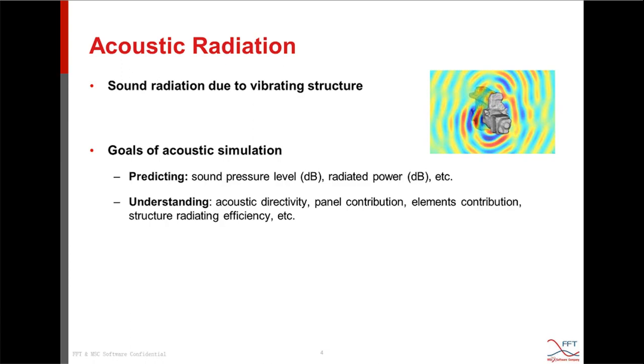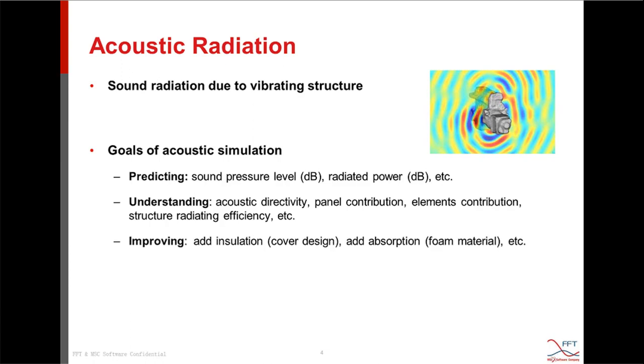We want to get not only one single value, but also panel contributions, element contributions from the structure to the acoustic radiation result. Also bear in mind the notion of structure radiating efficiency, which means the part vibrating the most significantly is not necessarily the part emitting acoustic energy the most significantly. So with Actran, we can also study the radiating efficiency of any structure.